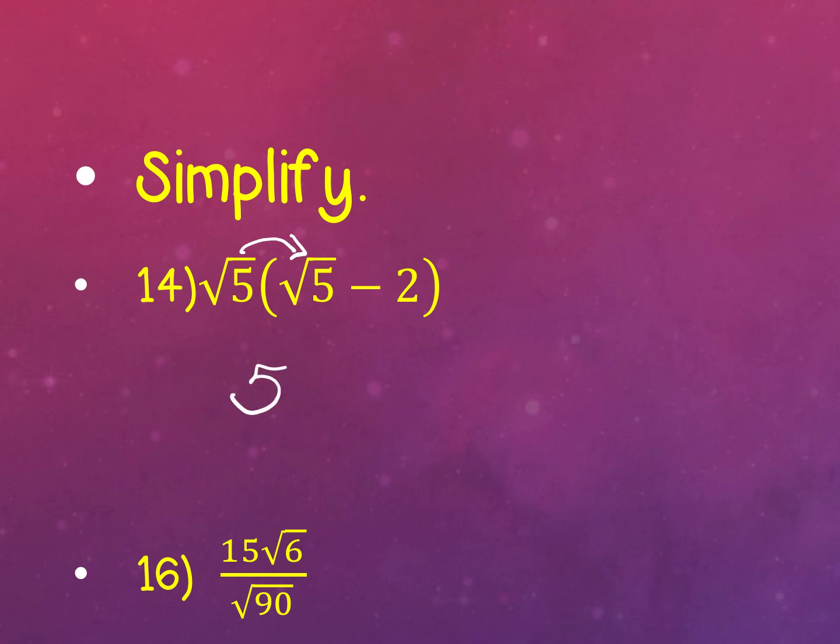And then when I distribute the square root of 5 to the negative 2, the negative 2 is out of a radical. The 5 is under, so I just write them side by side. I cannot combine the 5 and the 2 because in order to add radicals, they both need the same radical. So this would be my simplified answer.